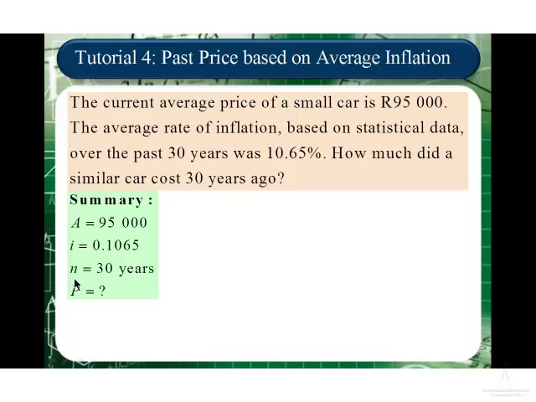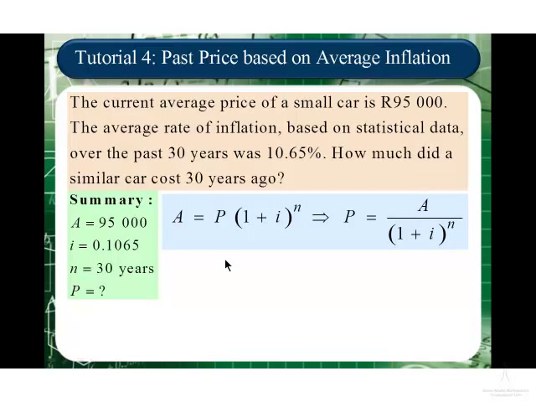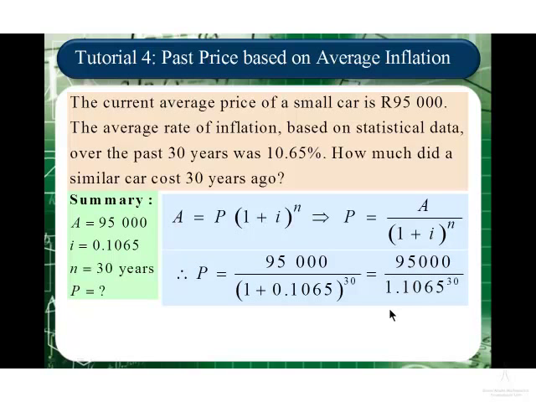And of course there's a growth over 30 years to the amount of 95,000 Rand as indicated. So clearly our compound interest growth formula applies, but we're interested here in the principal amount, so we make that the subject of the formula as we have seen earlier in some examples, and it's just a matter of substituting the values for A, I and N to calculate the average cost of a similar car 30 years ago in this particular case.